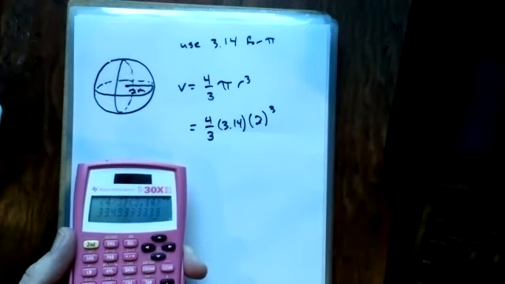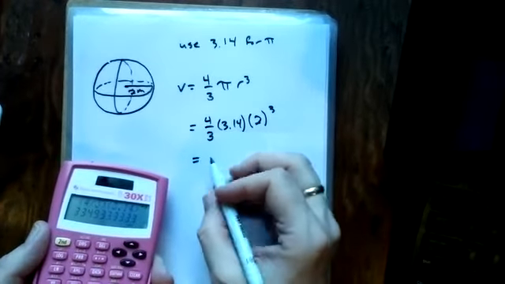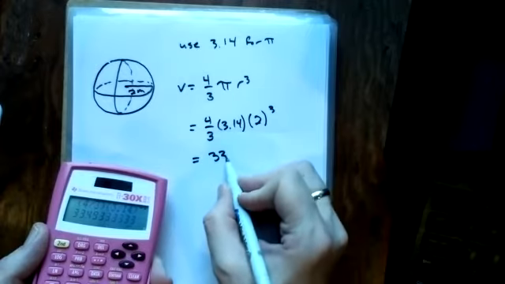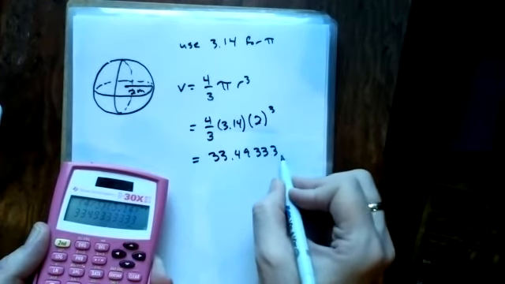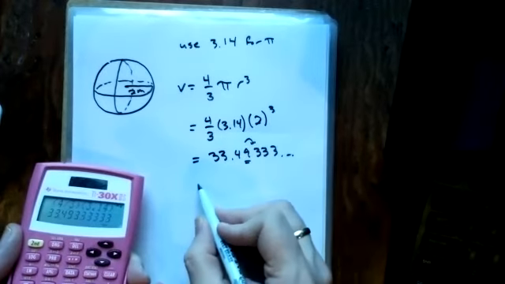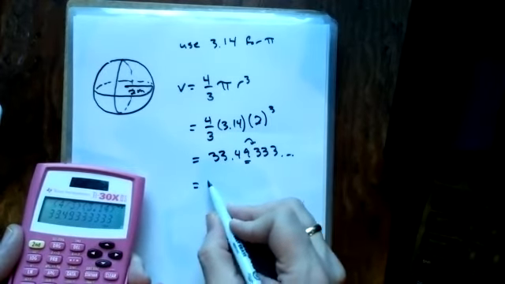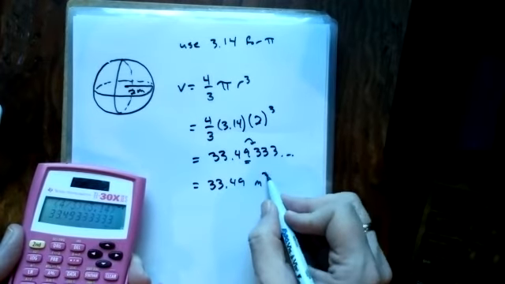So that comes up with a big long decimal. This comes out to be 33.49333 and change. Let's round that to our nearest 100th place. So this would be about 33.49 cubic meters.